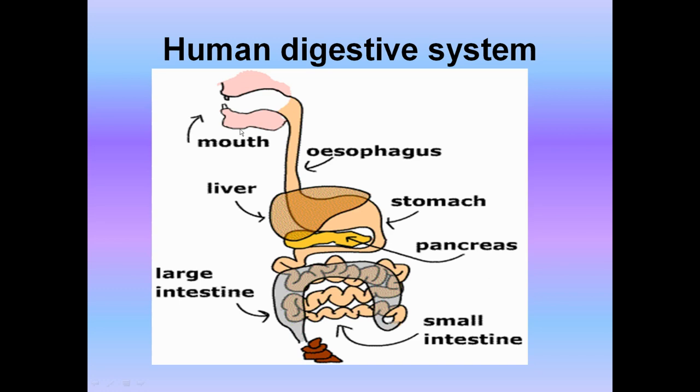The food first comes from the mouth and goes into the esophagus. The esophagus also refers to the food pipe, and from the esophagus the food goes into the stomach, and from the stomach it moves into the small intestine.